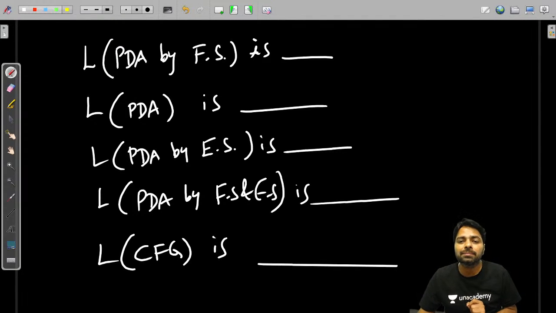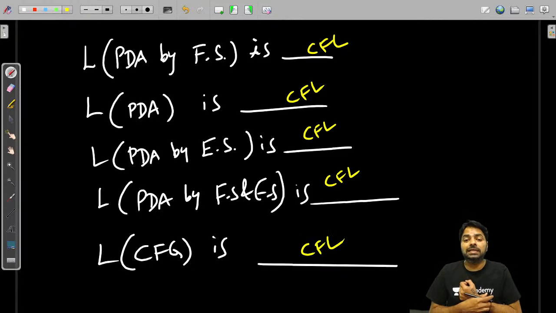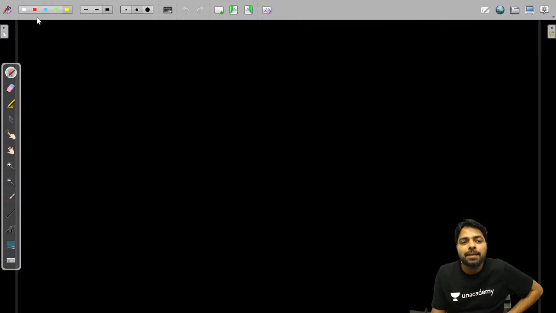All of them are the same: context-free language. But there is one small change in the definition, so look carefully at what I am talking about. This is about a single language, right? L, and I am just using L.